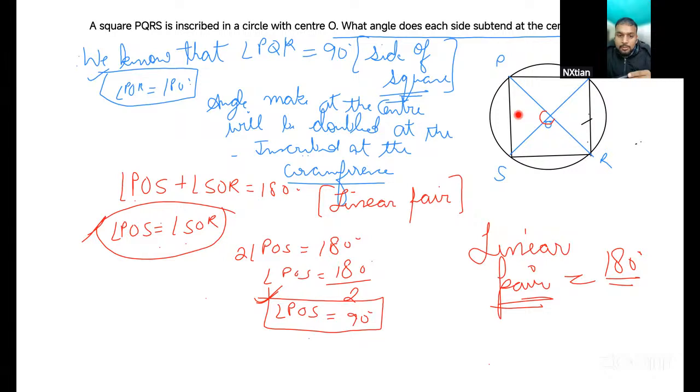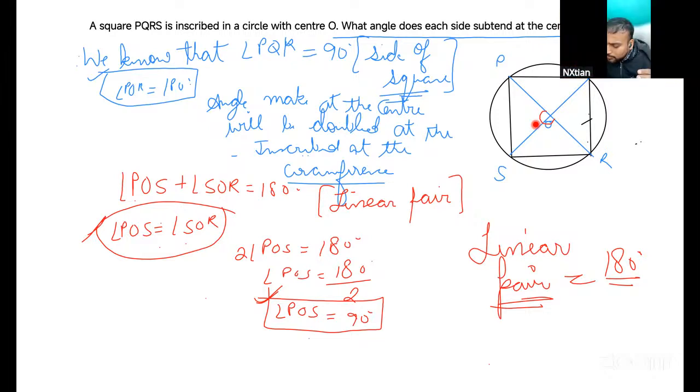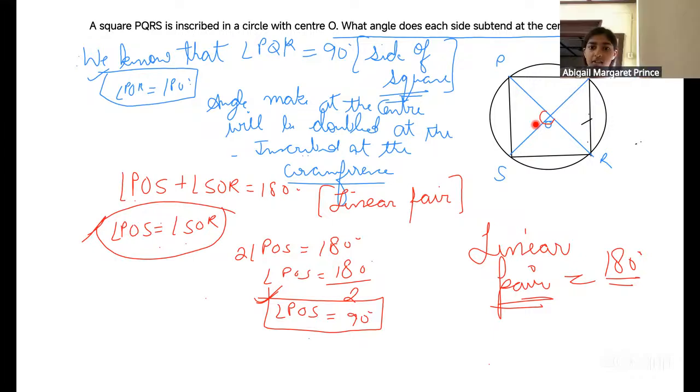The sum of that is equal to 180 degrees. So twice POS is equal to 180 degrees. The 2 will go and it will divide, becoming 90. So this angle POS is equal to 90 degrees. Okay, sir. Now quickly write it down. Then you have the second question in doubt.